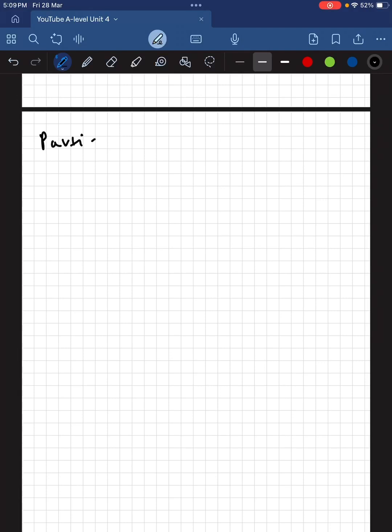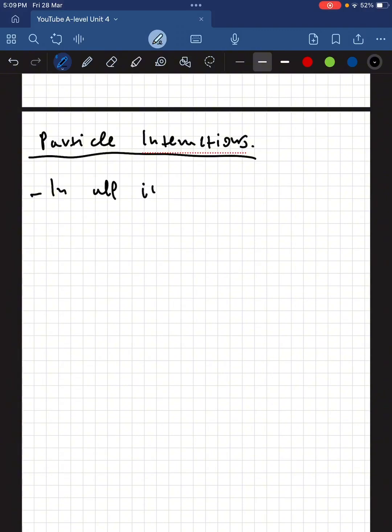So now the next thing, and almost the final, is the particle interactions. We have already seen a lot of examples, but let's make it concrete. So the rules: in all interactions, charge, lepton number, and baryon number are conserved.